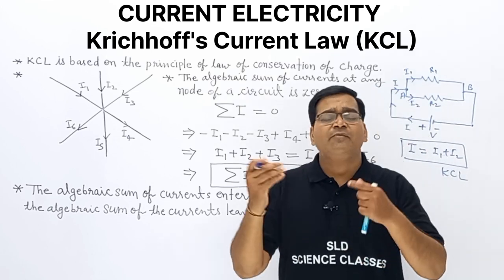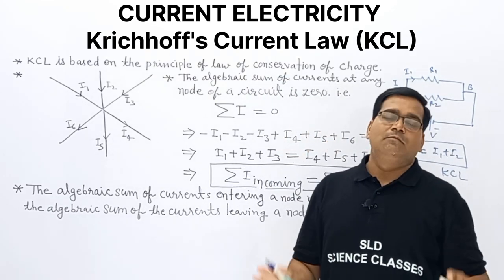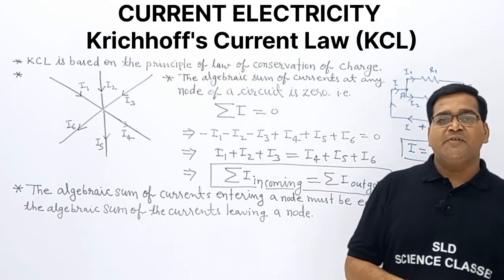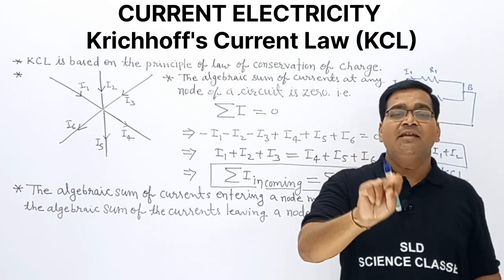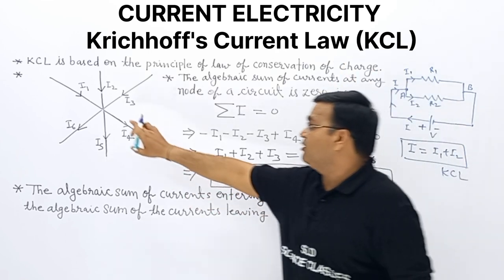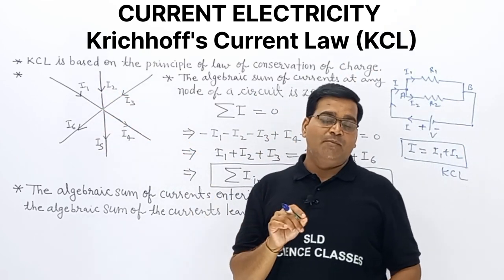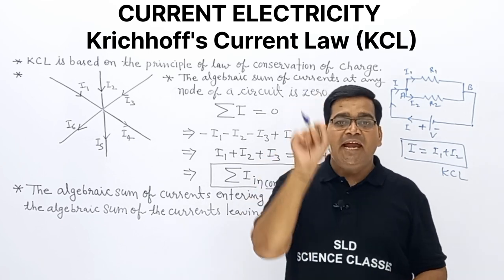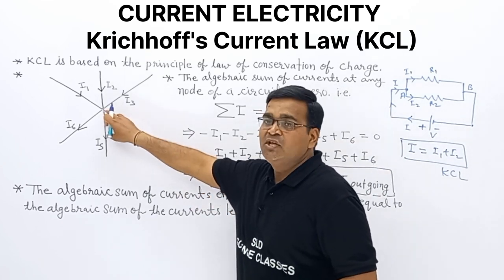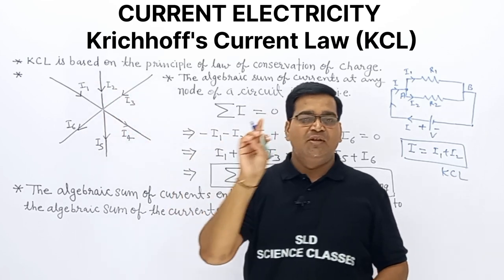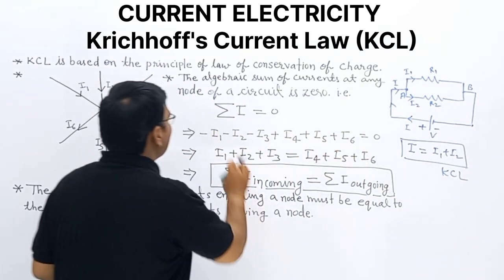In another way, observe, this is important: at the node, the sum of currents will be 0.